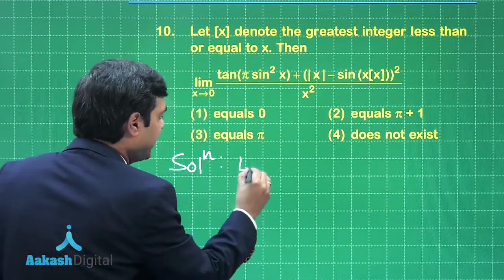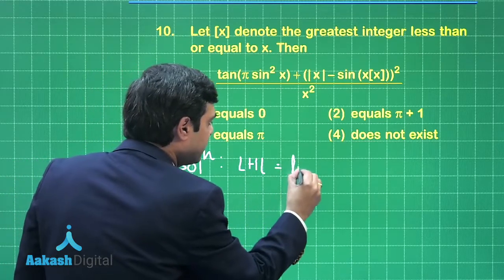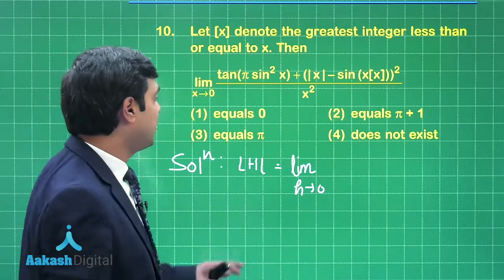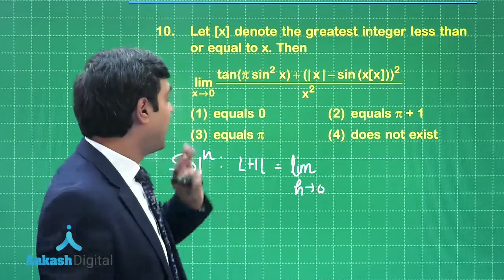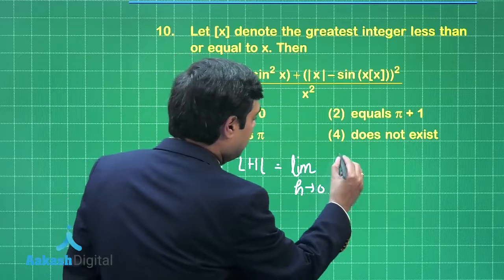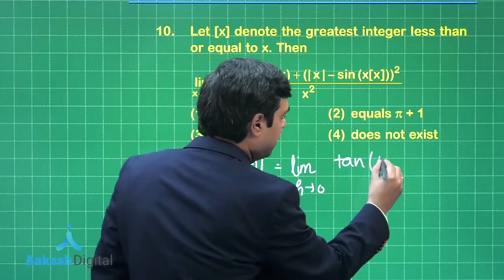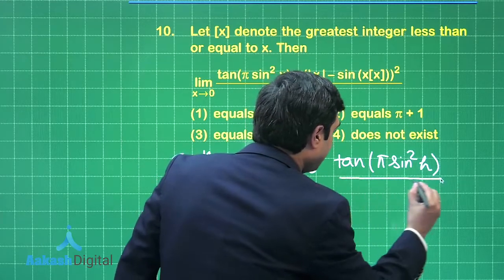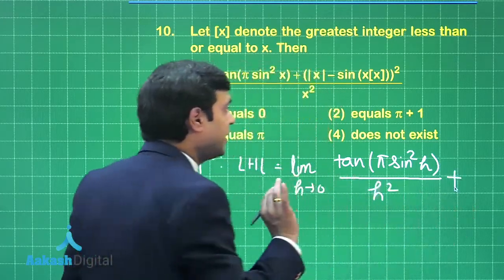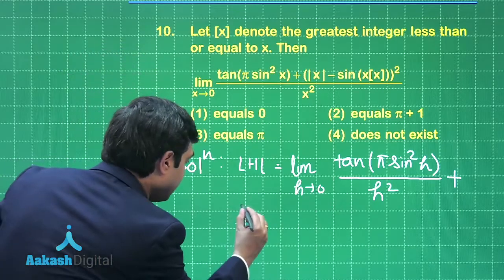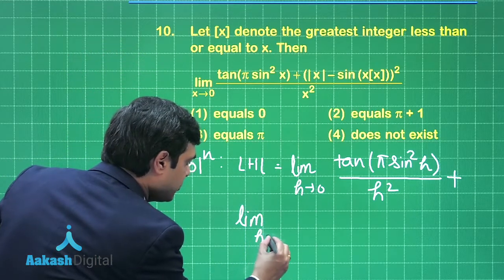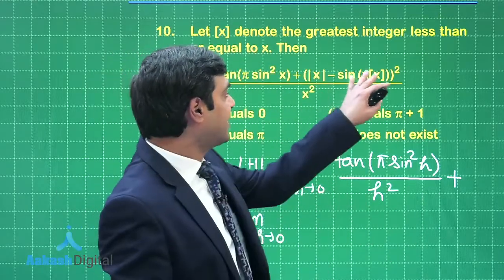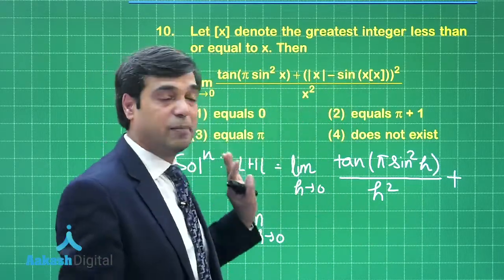When you talk about the left hand limit of the function, that is limit h approaching 0, and here you are going to substitute 0 minus h for x. On substituting, you can see tan(pi sine square h) divided by h square, this can be separated, plus the next term, limit h approaching 0 of (mod x minus sine x times greatest integer x) whole square divided by x square.